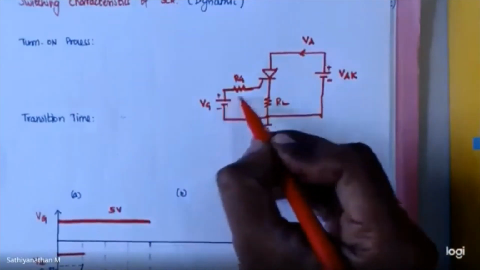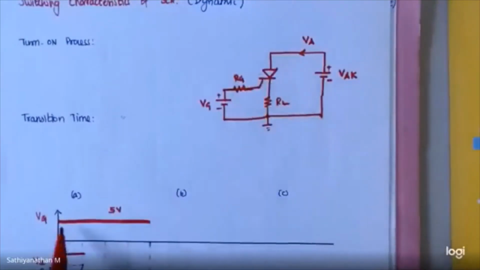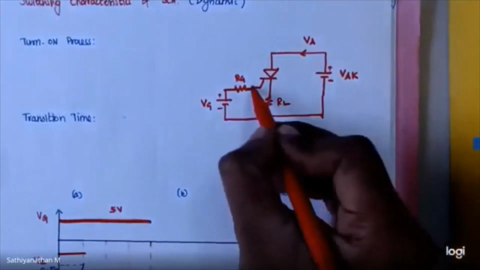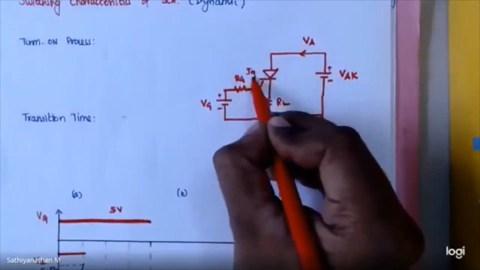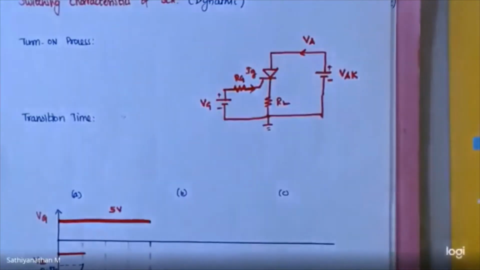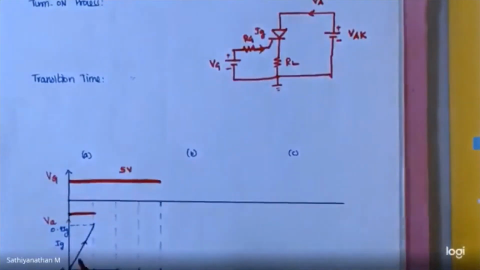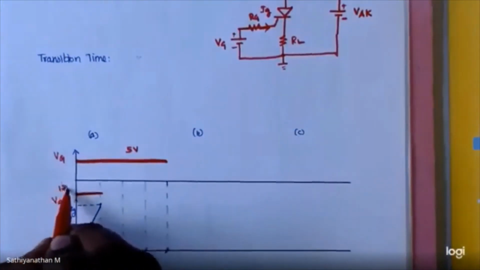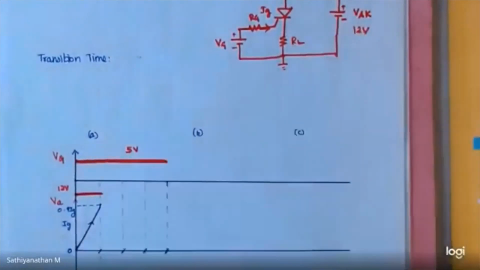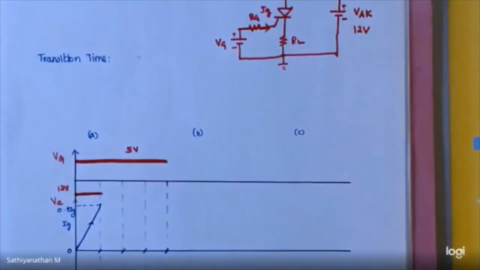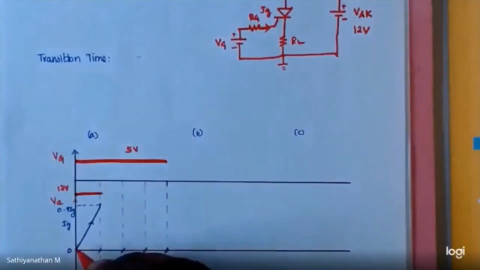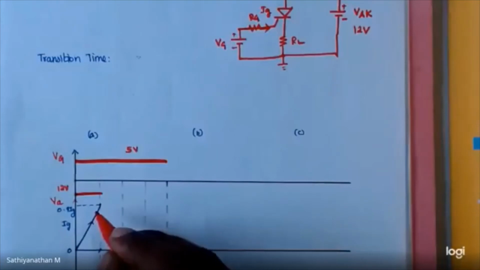When you apply this gate voltage, the current Ig will start flowing in the device. That makes the device conduct. And you have an anode voltage of some magnitude, say for example 12 volt. Up to this point nothing will happen, because your gate current is increasing from 0 to 90% of its value, right?